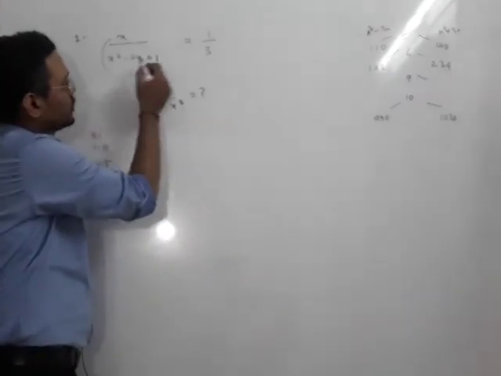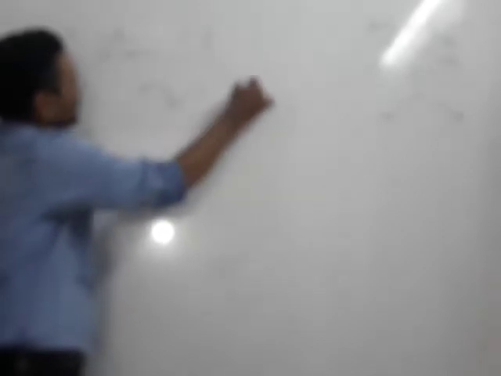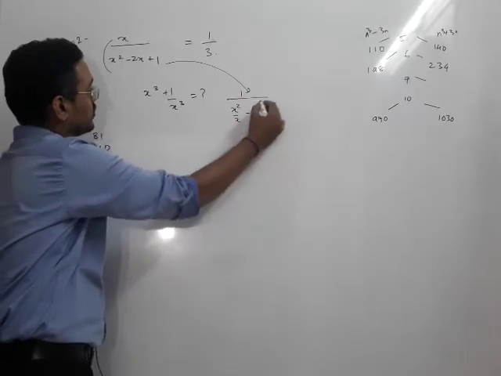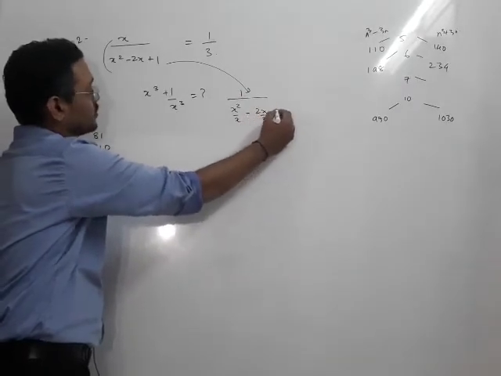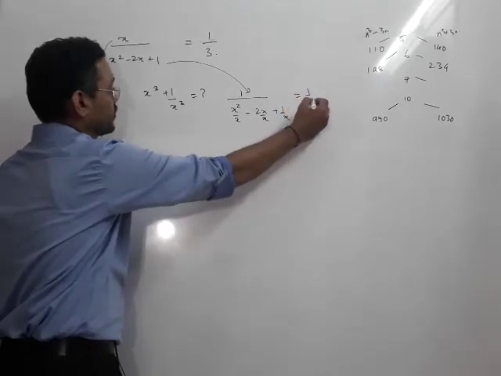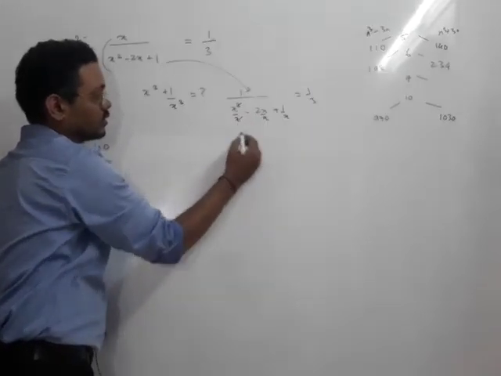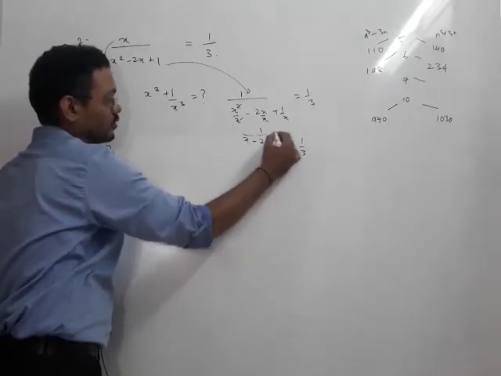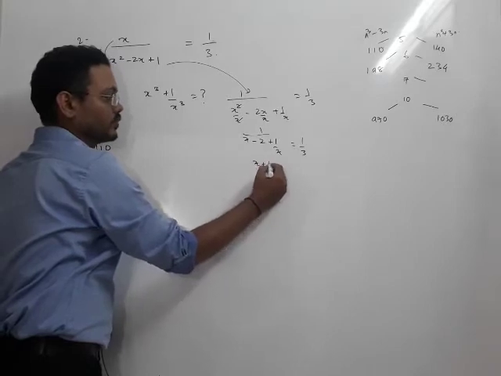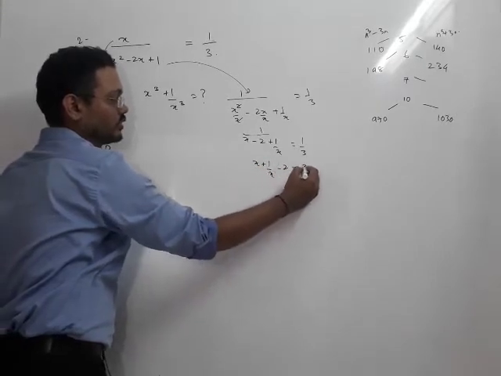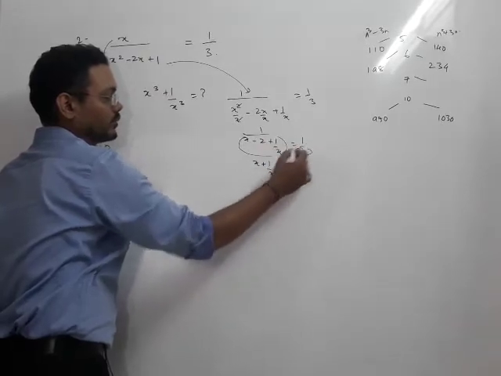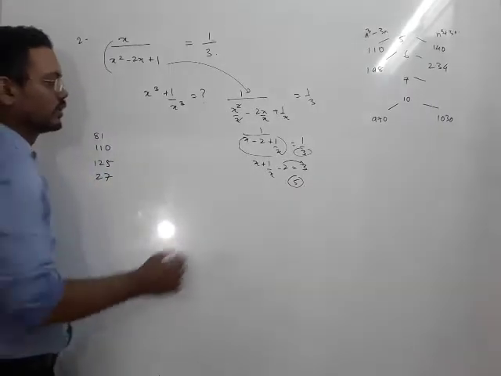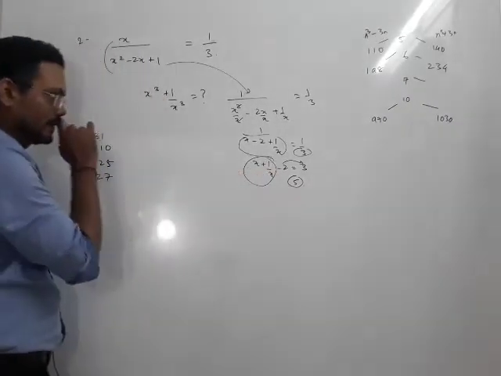This will become x square upon x minus 2x upon x plus 1 upon x is 1 by 3, which is x minus 2 plus 1 by x is 1 by 3, which means x plus 1 by x minus 2 is 3. Both denominators I have compared. So x plus 1 by x is 5. This is the general way anyone would solve it.